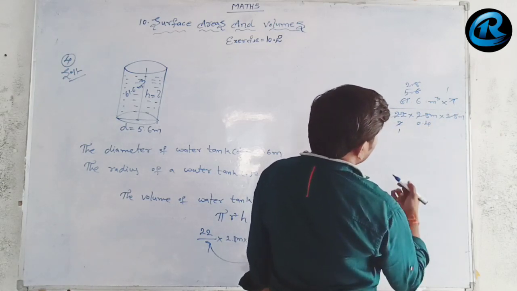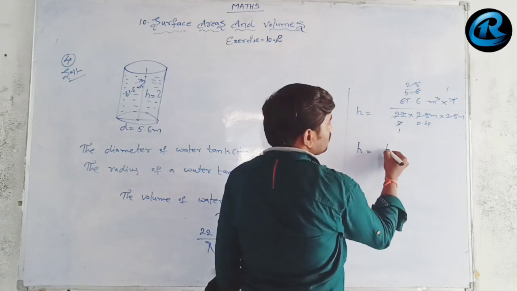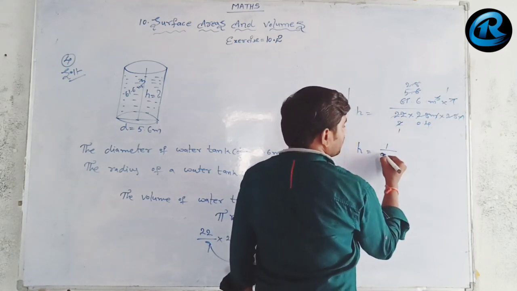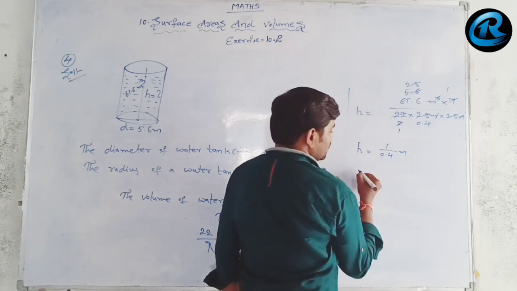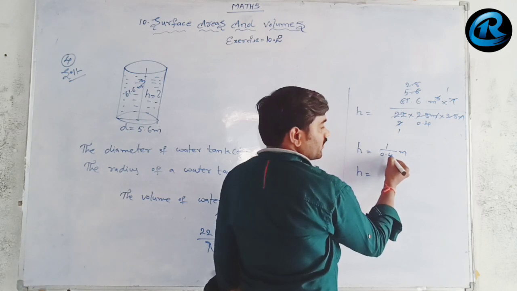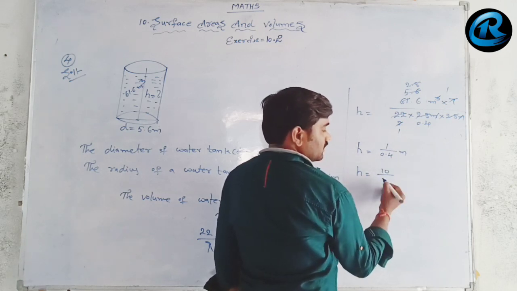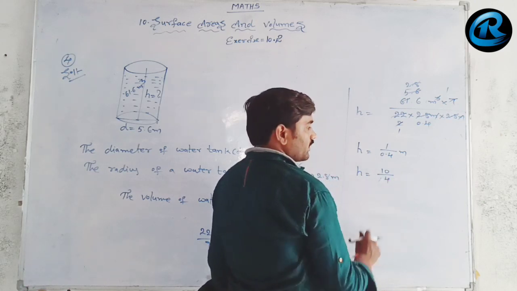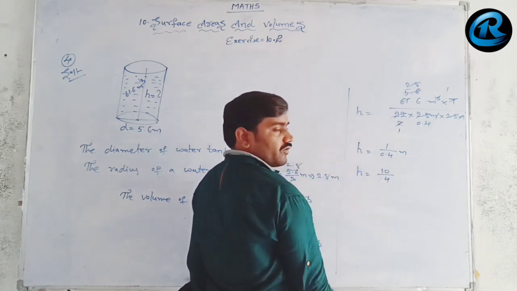And at last H equal to 1 by, here meter cancels, 1 by 0.4 meters. If you want to remove this decimal point, we have to keep tens in the denominator, so it becomes a 4. It becomes 10 by 4.